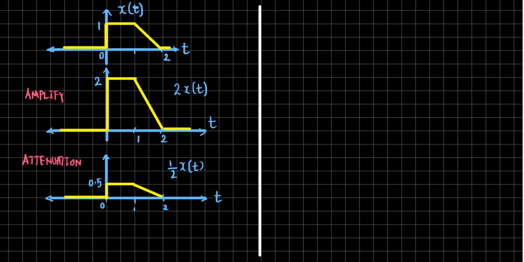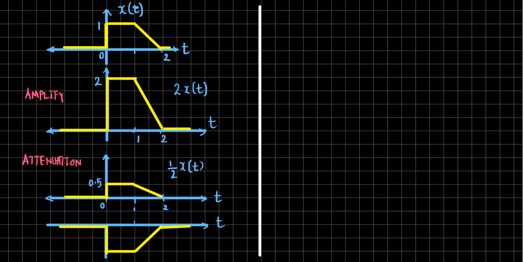So the resultant signal will look something like this. We have simply flipped the original signal upside down.